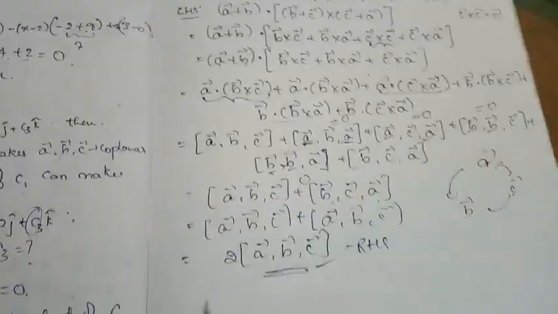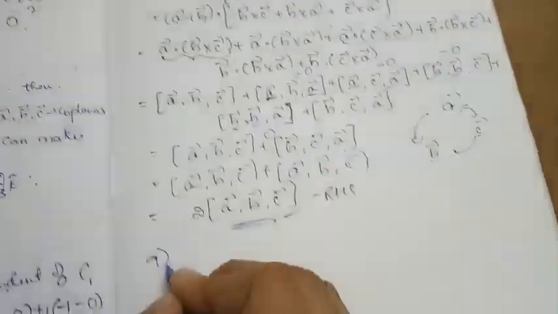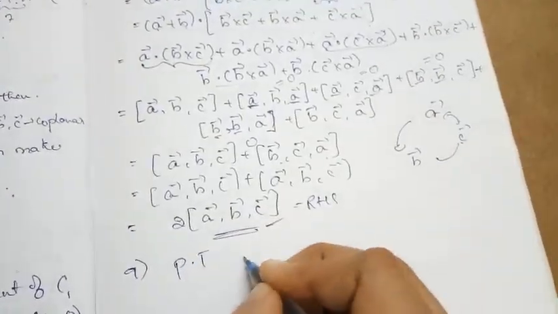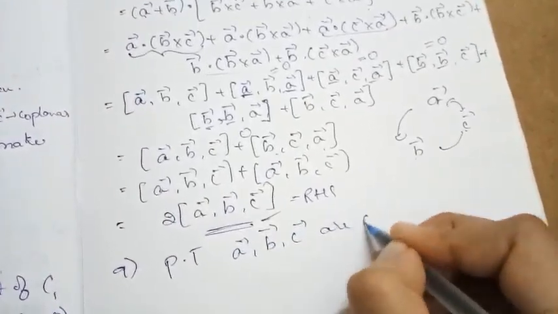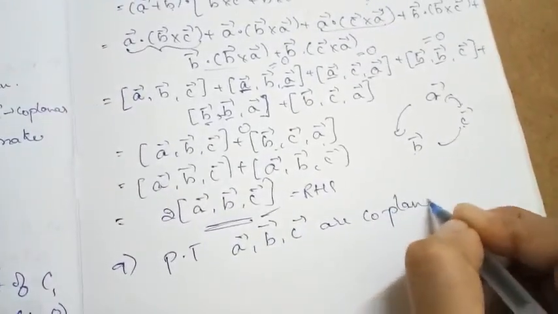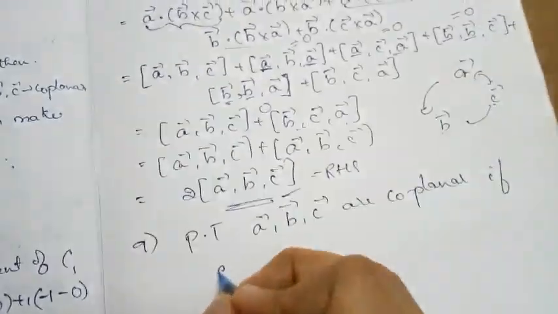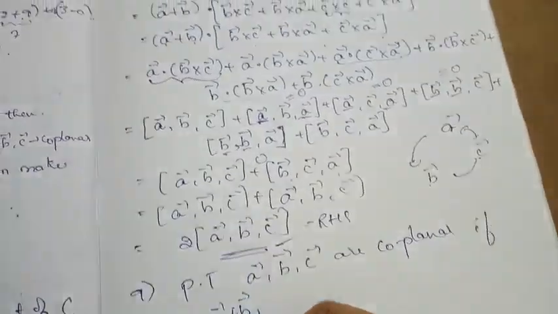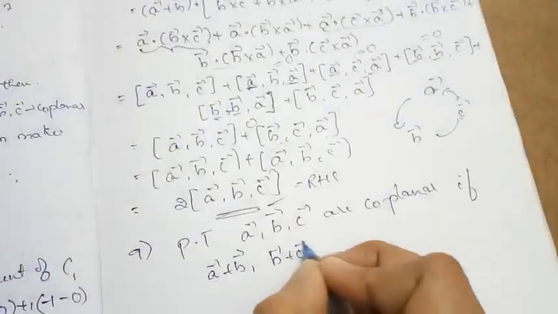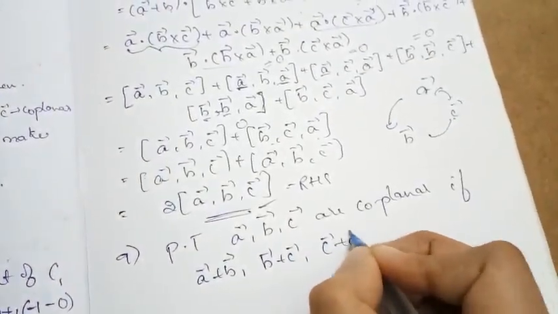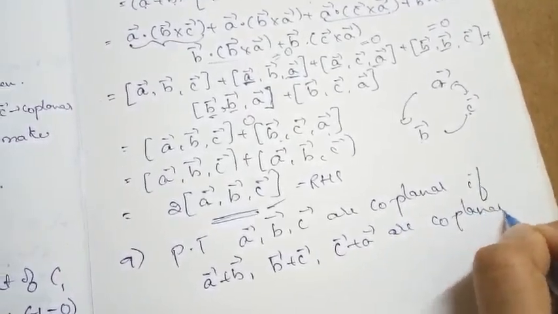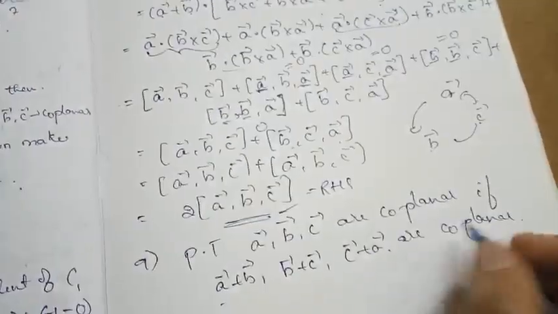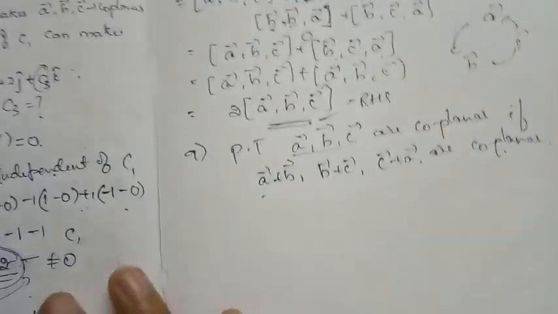Similar to this one, there is another question, that is we need to prove that vectors A, B and C are coplanar if vector A plus vector B, vector B plus vector C and vector C plus vector A are coplanar. So if these vectors are coplanar, we need to prove that these vectors are also coplanar.